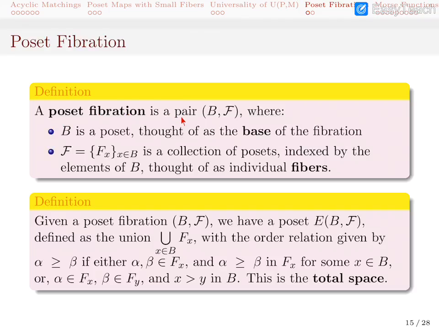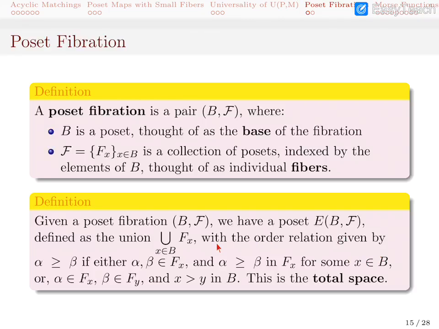So a poset fibration is a pair (B, script F), where B is a poset thought of as the base of the fibration, and script F is a collection of posets indexed by B, thought of as the individual fibers. Next we have a definition: if we are given a poset fibration (B, F), then we have a poset E(B, F), which is defined to be the union of these posets F_x.